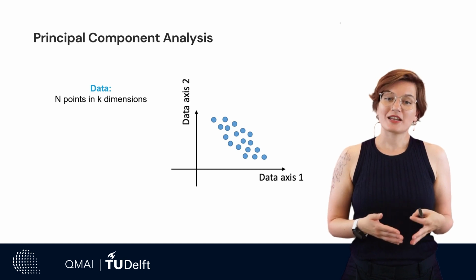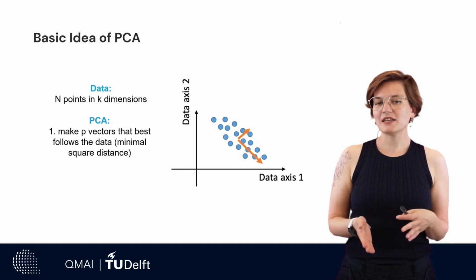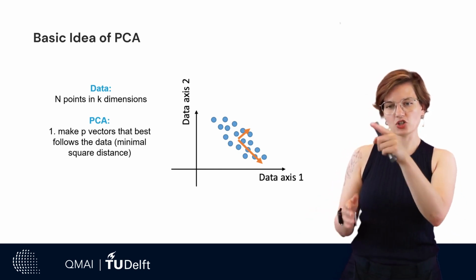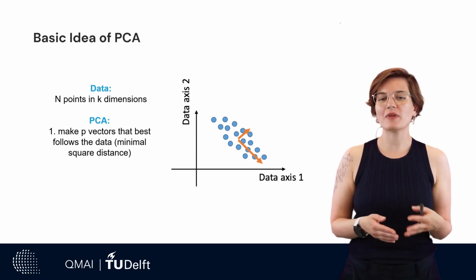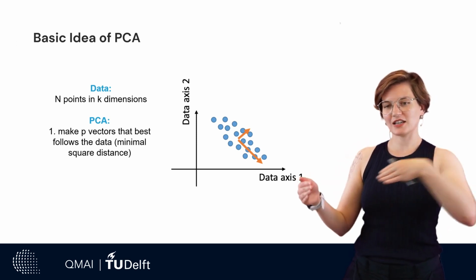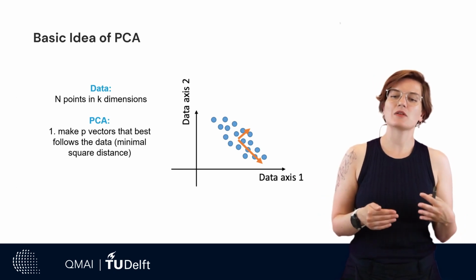What principal component analysis does is define a number p of vectors, here p equals 2, the two orange arrows, that best follow the data in the sense of minimal square distance. So basically you are trying to find the direction in which the variation of your data is maximal.